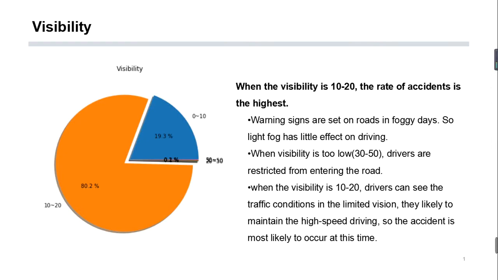When visibility is too low, drivers are restricted from entering the road. But when the visibility is between 10 and 20, drivers can see the traffic conditions in their limited vision. They're likely to maintain high-speed driving, so accidents are most likely to occur at this time.